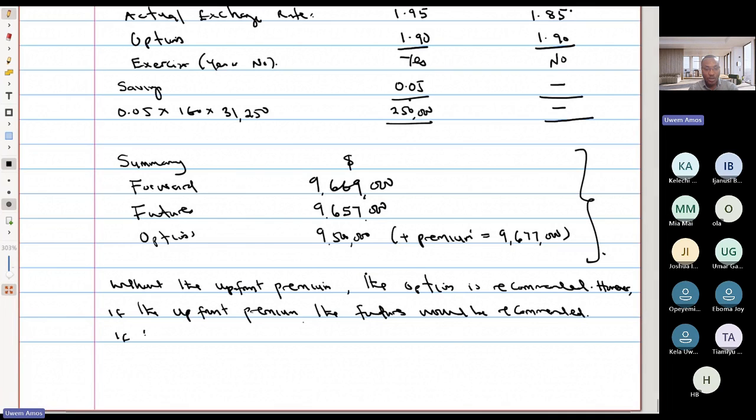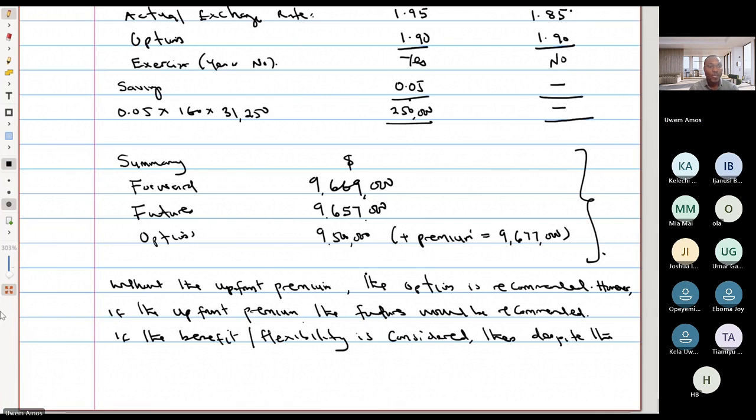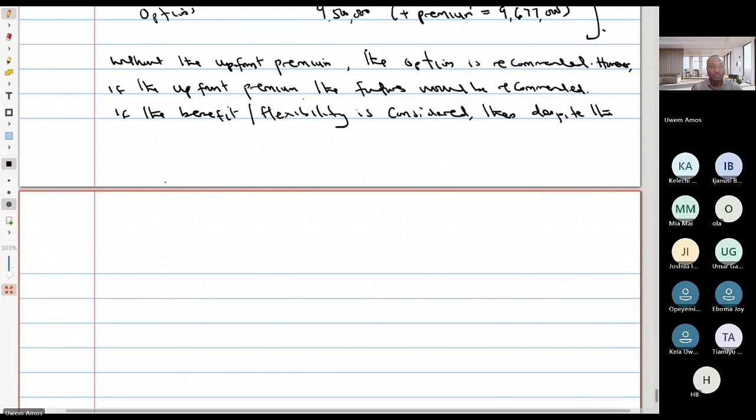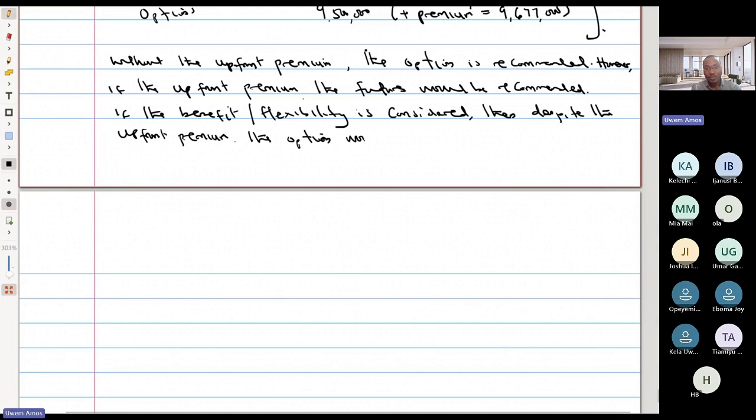If the benefits and flexibility of option are taken into consideration, then despite the upfront premium, option would be considered the better deal.